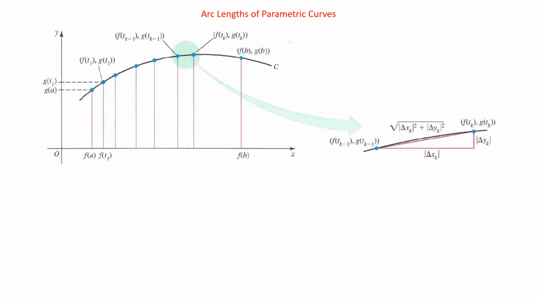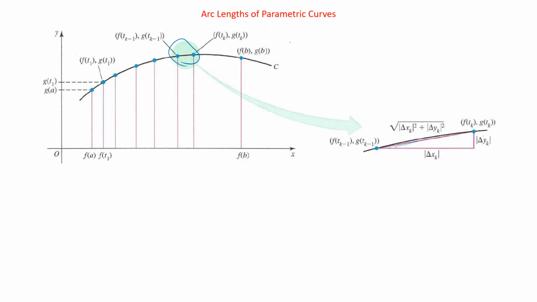Next, we'll go for arc lengths. So when we're talking arc lengths, we split this up and we can look at these. We can zoom in and we get this length, which is the hypotenuse of a right triangle.